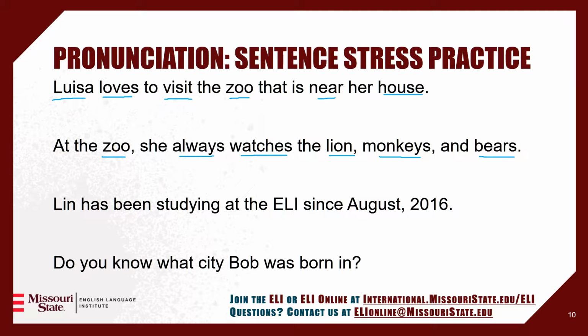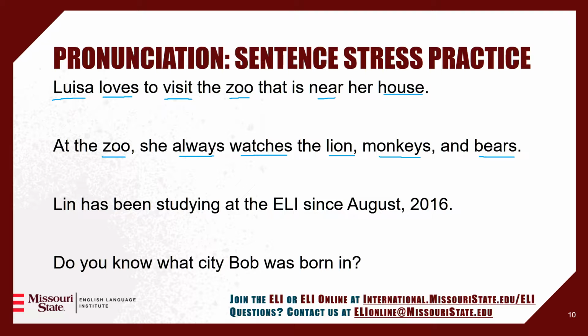Okay, at the zoo, she always watches the lions, monkeys, and bears. Maybe if I'm saying these sentences together, I say zoo really quickly. I would say, like, at the zoo, she always watches the lions, monkeys, and bears. Or I can stress zoo a little bit more because it's still important.